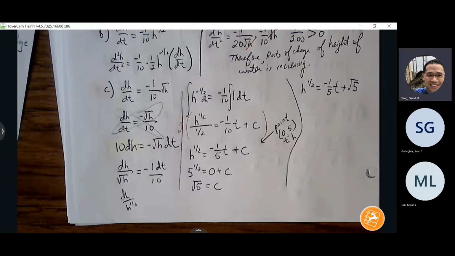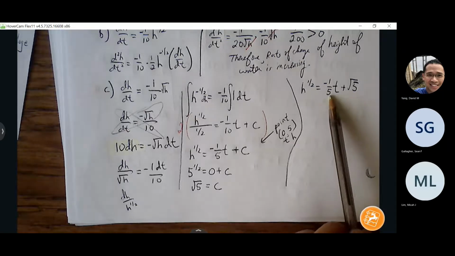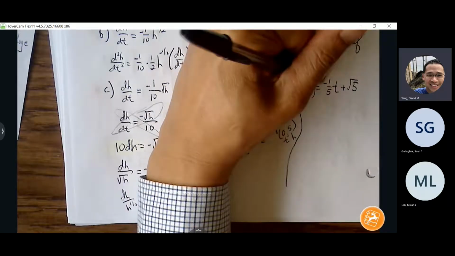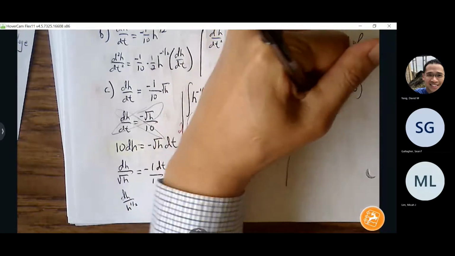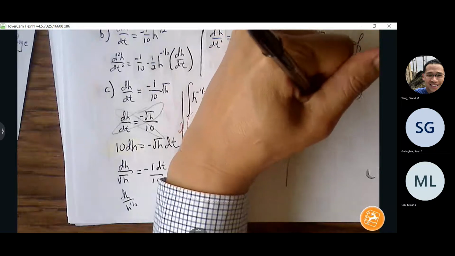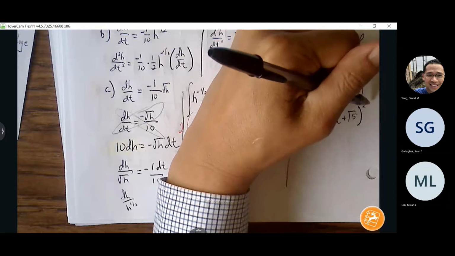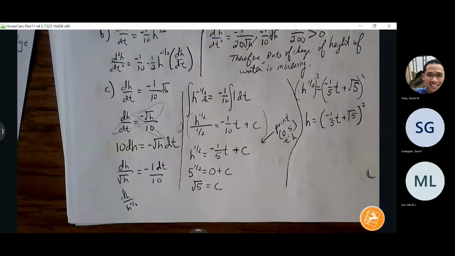Square root 5 equals C. Okay, if I square both sides. Okay, sorry, it looks a little different from the key that I was working from. Let me see.